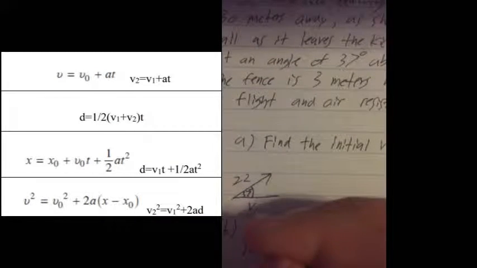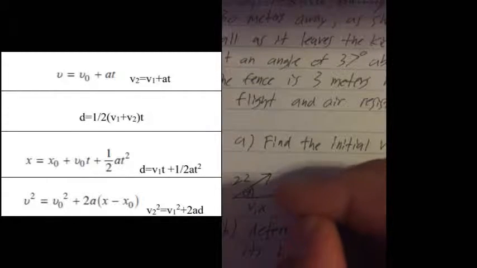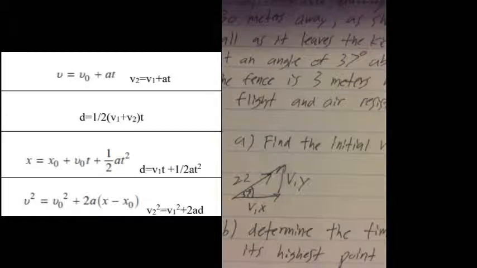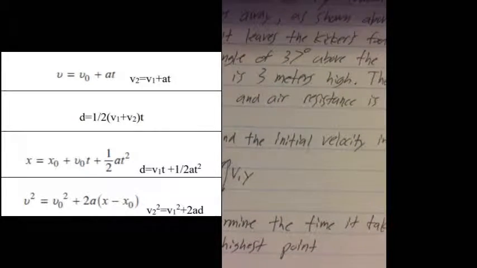So this is the velocity in the x direction here, going like that, and this, when they meet up, is the velocity in the y direction. And to find that, we need to use the trig functions that they so very nicely provided for us up here.